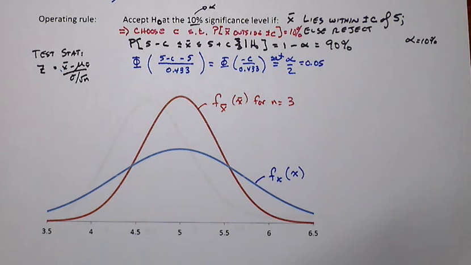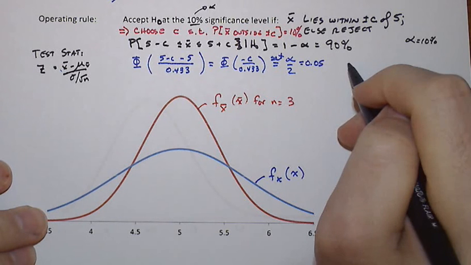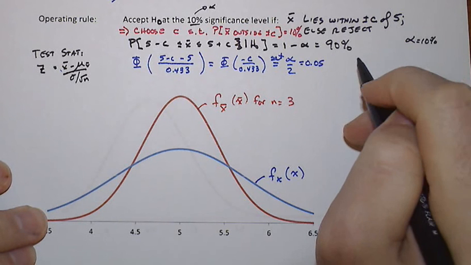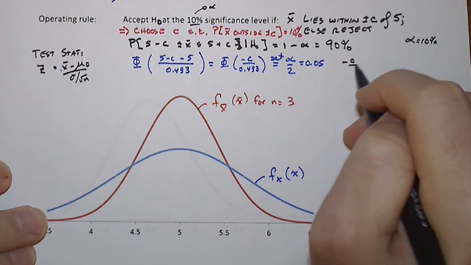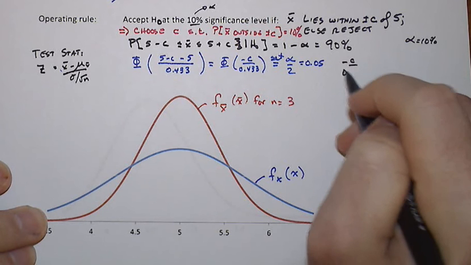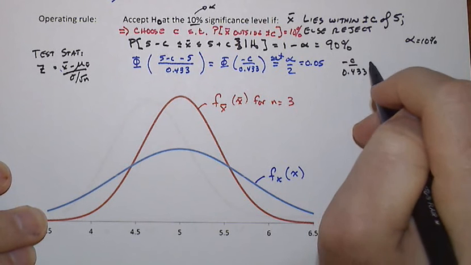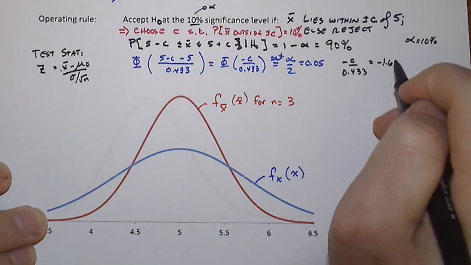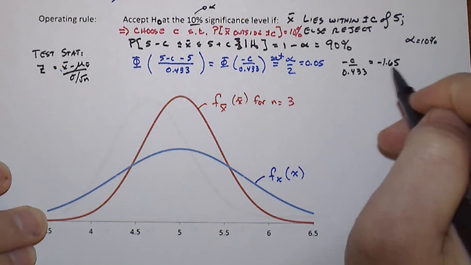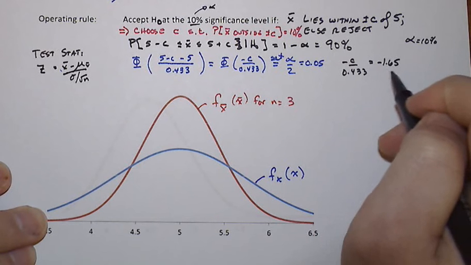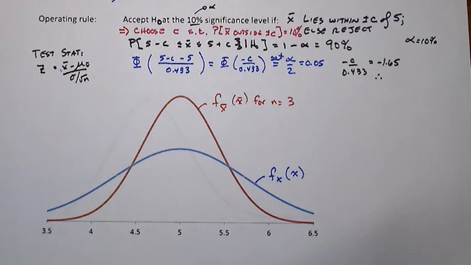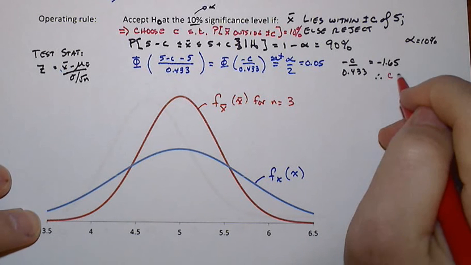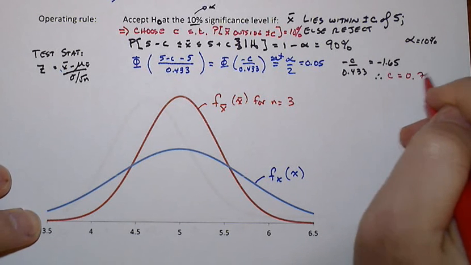And that will give us then that we have minus c over 0.433 is going to be equal to minus 1.65 once we look up the z value, and therefore we end up with that c is equal to 0.71.